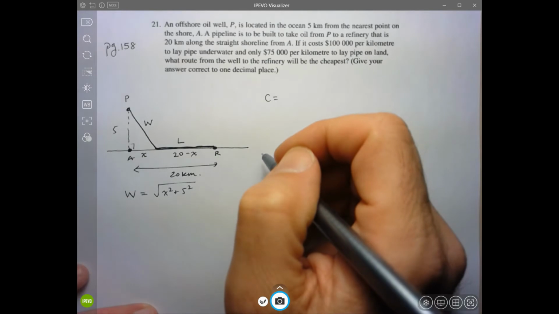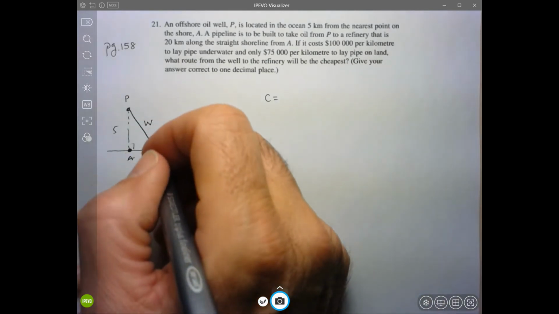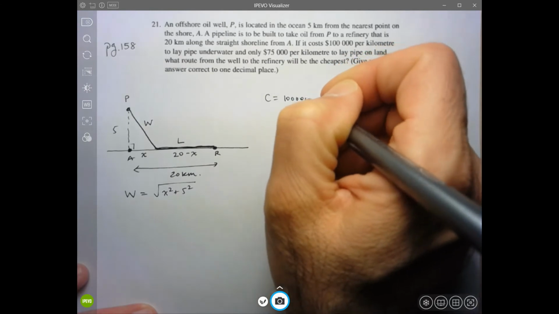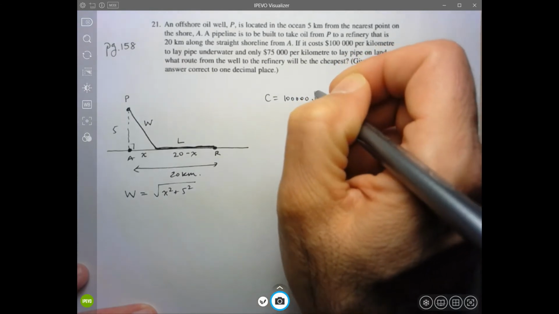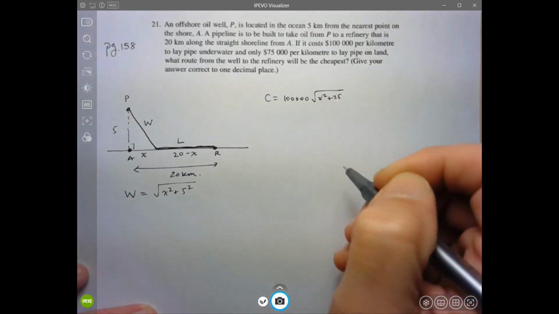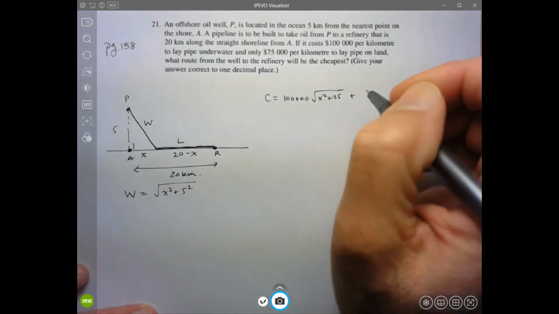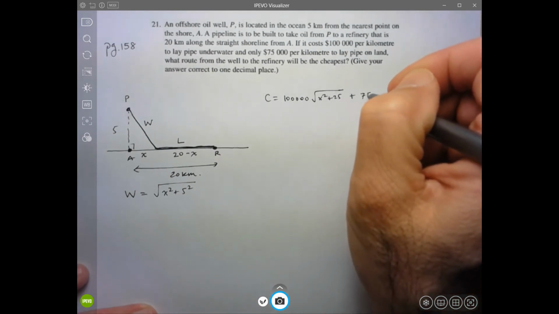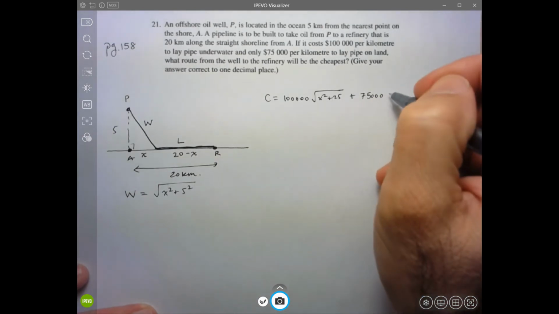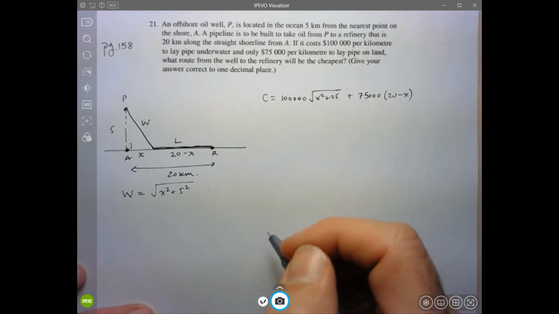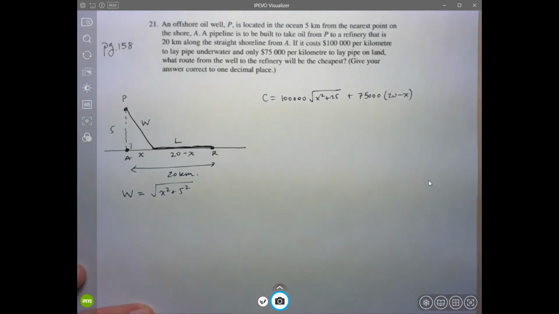We said it was going to be 100,000 times the distance along the water. So 100,000 times the square root of x squared plus 25. And then we're going to add to that the cost along land, which is just going to be 75,000 times 20 minus x.